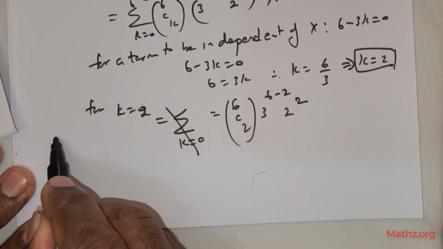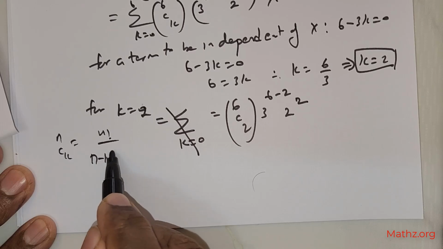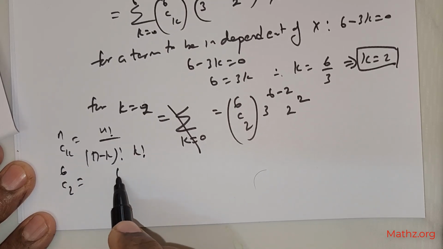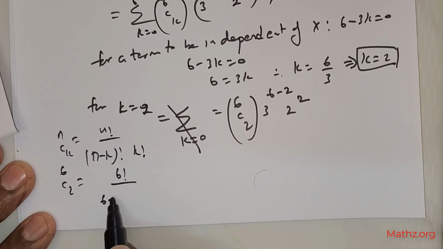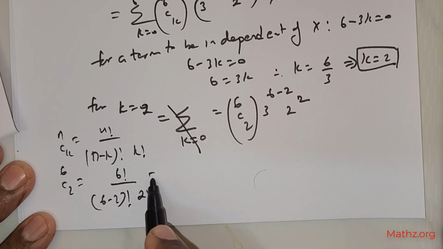Now 6C2. nCk is n factorial divided by (n − k) factorial times k factorial. So 6C2 is 6 factorial over (6 − 2) factorial times 2 factorial.